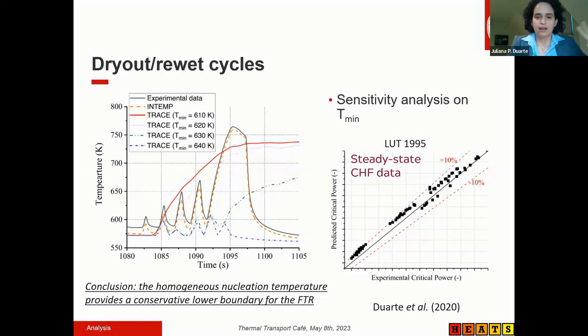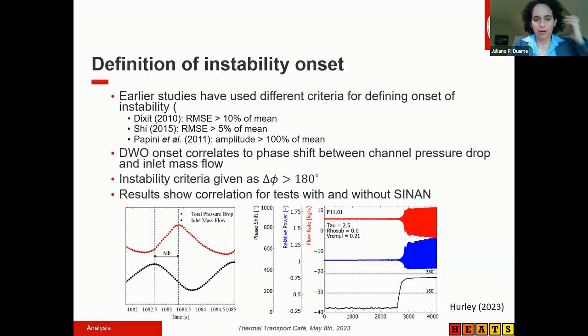And the heat transfer analysis, I'm going to talk a little bit later, but it's still an ongoing analysis of this project. The next thing that we did, when we were looking for the actual onset of these instabilities, was to look for the definition of what it means to have the onset of instabilities.